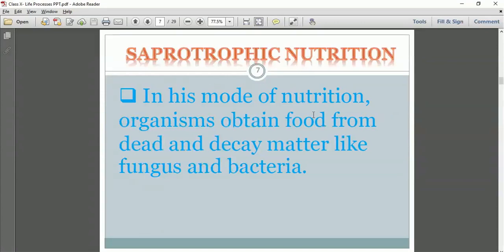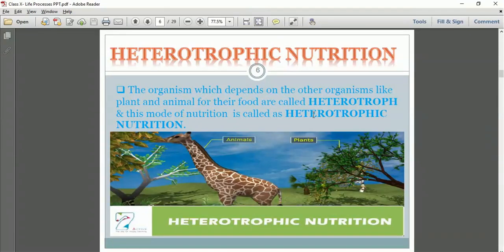In heterotrophic nutrition, the organism which depends on other organisms, like plants and animals, for its food is called a heterotroph, and this mode of nutrition is known as heterotrophic nutrition. So, what do you mean by heterotrophic nutrition? It is the process in which an organism depends upon other plants and animals for its food.